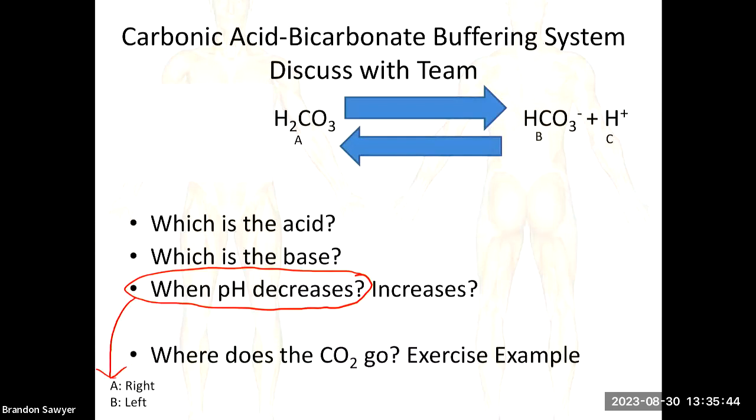Okay, so you're sending in A or B for the question I have circled there. When pH decreases, when your homeostasis gets disrupted in a way where your pH goes down, which way does this equation need to move to help you with that situation? Does it move to the right or the left?